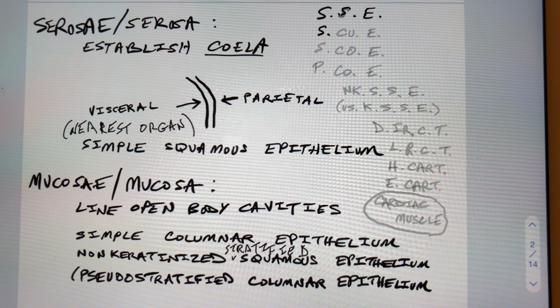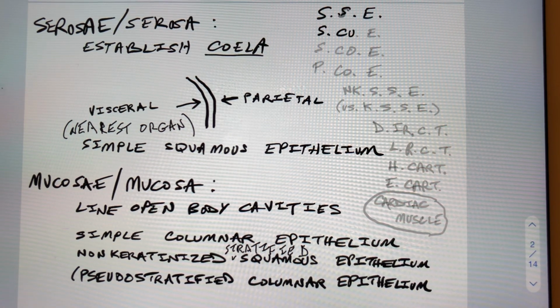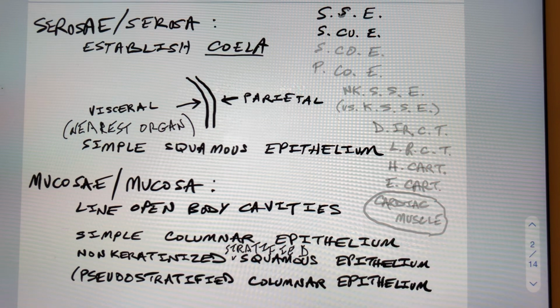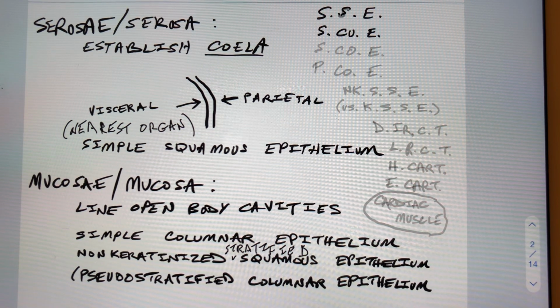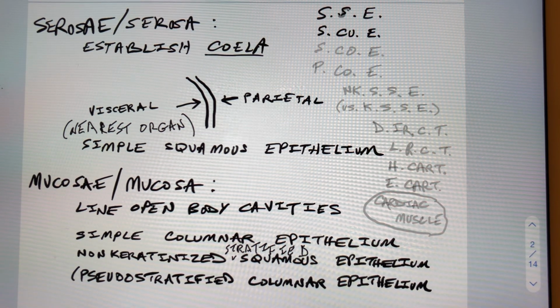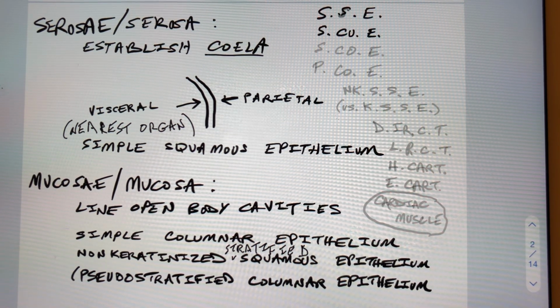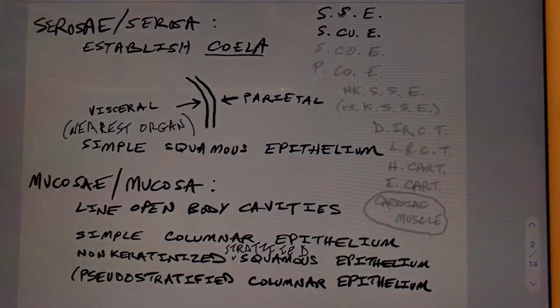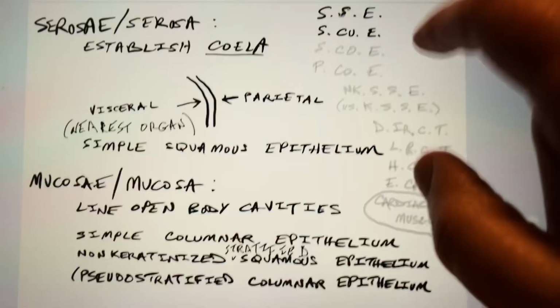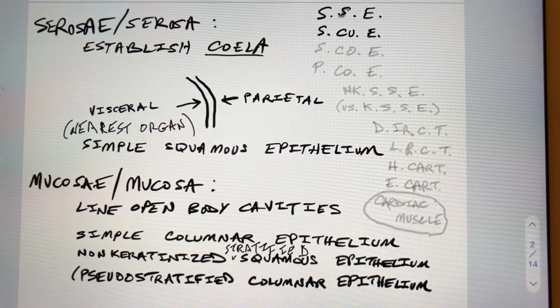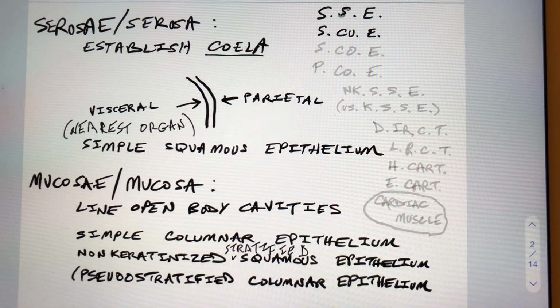Yes, we'll need to know simple cuboidal epithelium, and you probably already associate simple cuboidal epithelium with the kidney, which is great. And certainly that will be sort of our poster child for finding that tissue. It's also found in a lot of the ducts of glands, but probably the most relevant location for 242 at least will be kidneys, okay?